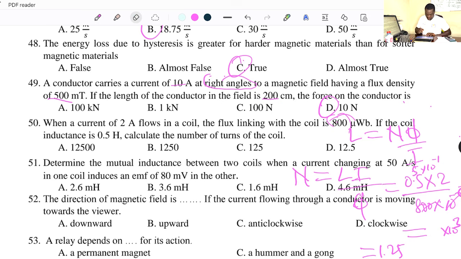Kilo tens. And that will just be 12.5. If you move this 3 times, it will be 1,250. So the answer here is B.